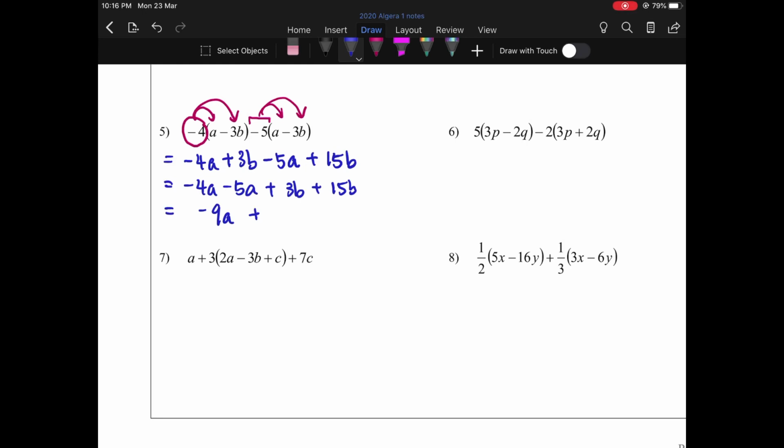Oh, sorry, I made an error. Negative 4 times 3, you will get 12. Okay, so positive 12b plus 15b, you will get 27b.